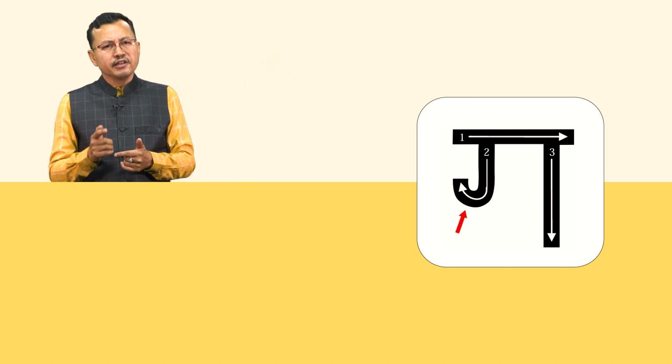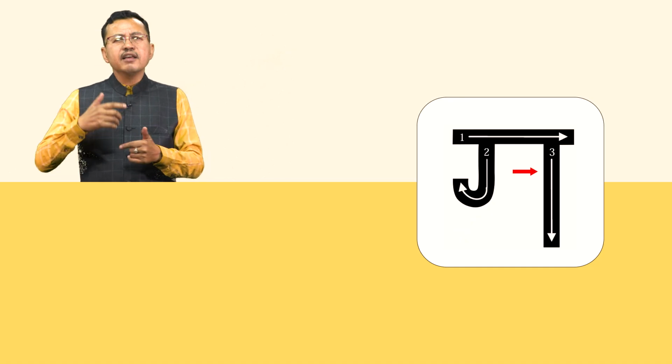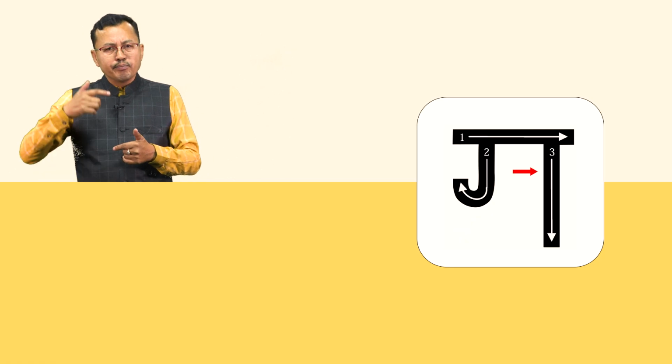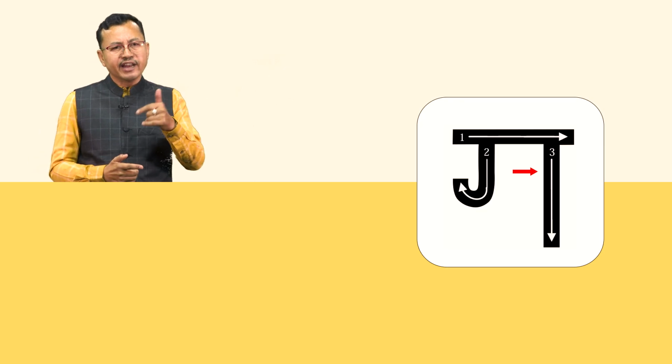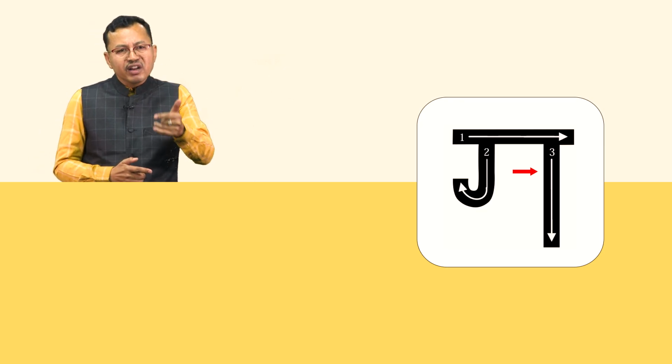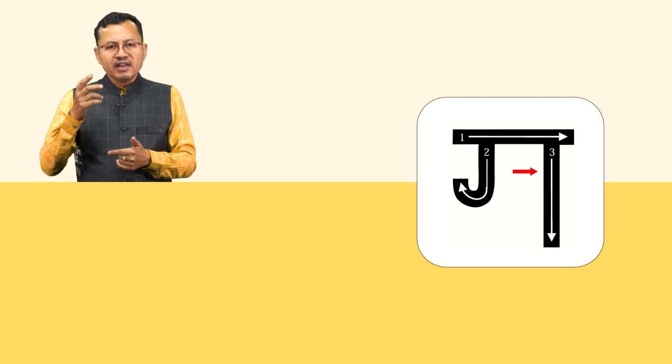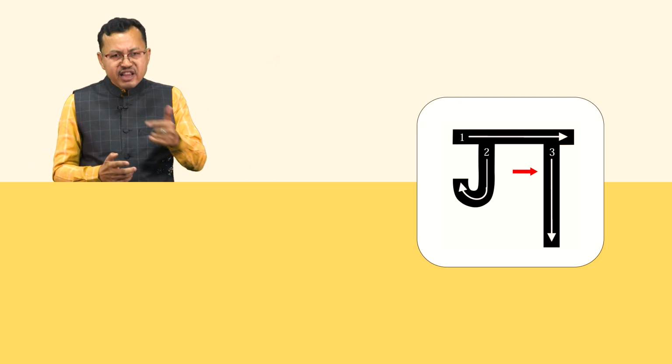Then finally draw stroke 3, another vertical line on the right drawn downward parallel to stroke 2 and about half longer than stroke 2. With these 3 strokes, the letter BUM is neatly formed.